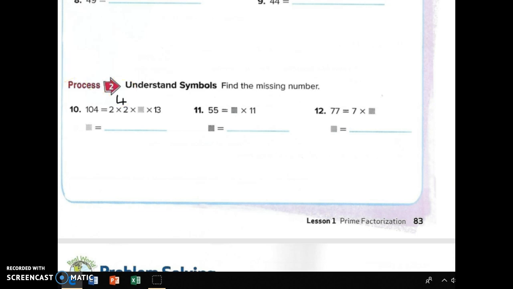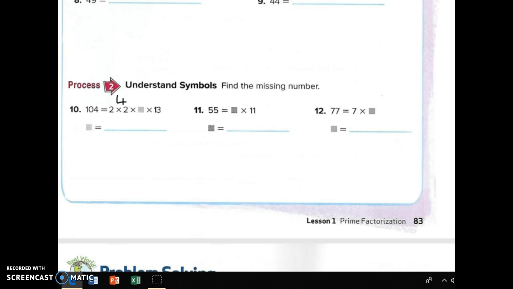Let's skip count in 4s 13 times. So take your hand, make a fist. And every time you count in 4, you put up one finger. Let's start. 4, 8, 12, 16, 20, 24, 28, 32, 36, 40. You have 10 fingers up now?